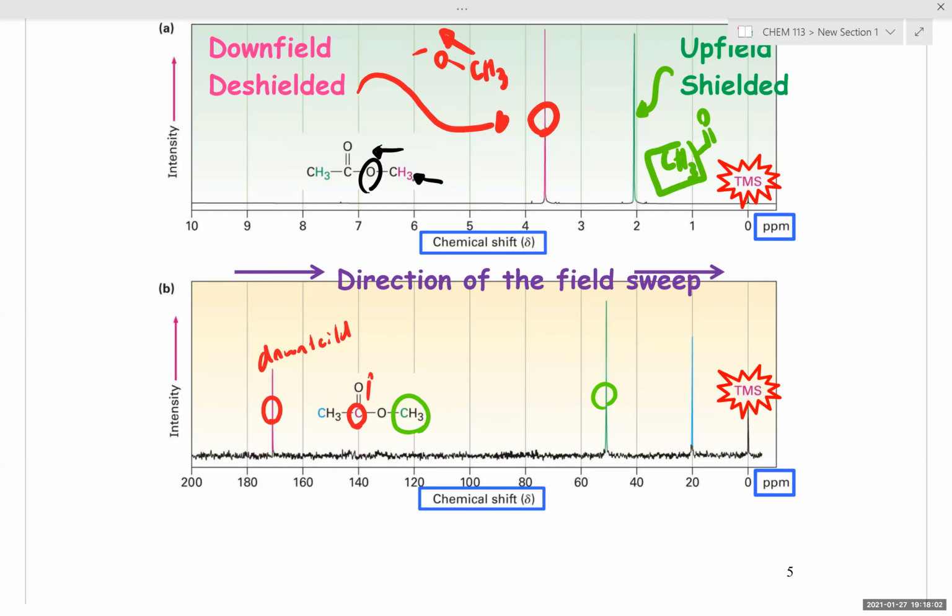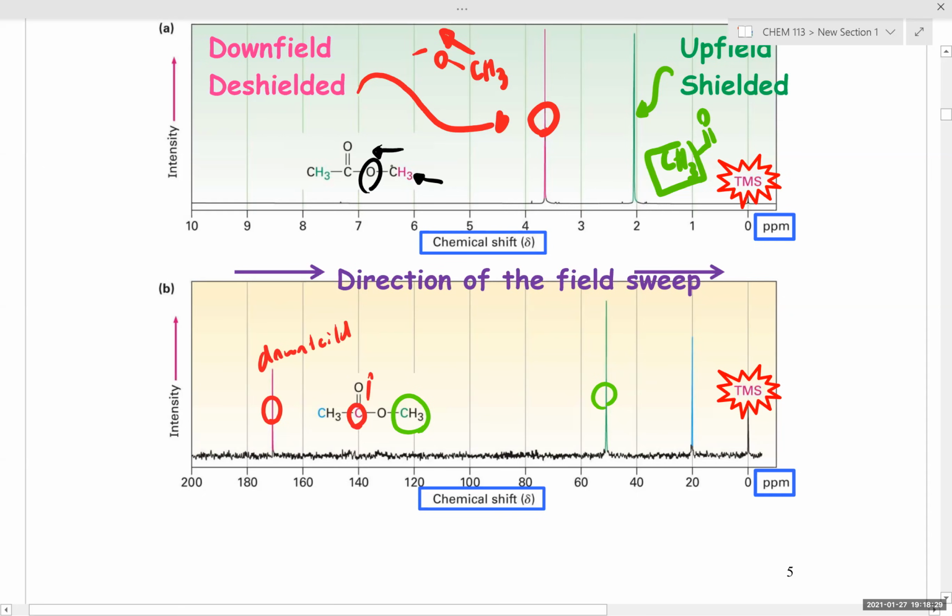Professor, can that also be because of the oxygen, because they're the electron withdrawing group, because they're electronegative? Yes, that's exactly right. The oxygen's electron withdrawing, it pulls the electron density away from the carbon atom, which in turn deshields the hydrogens attached to this carbon atom, and in turn sends our proton chemical shifts further downfield.